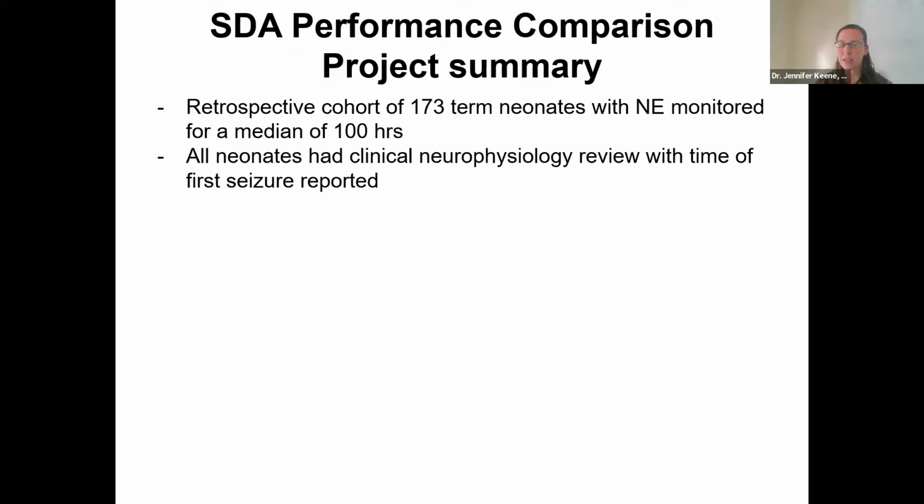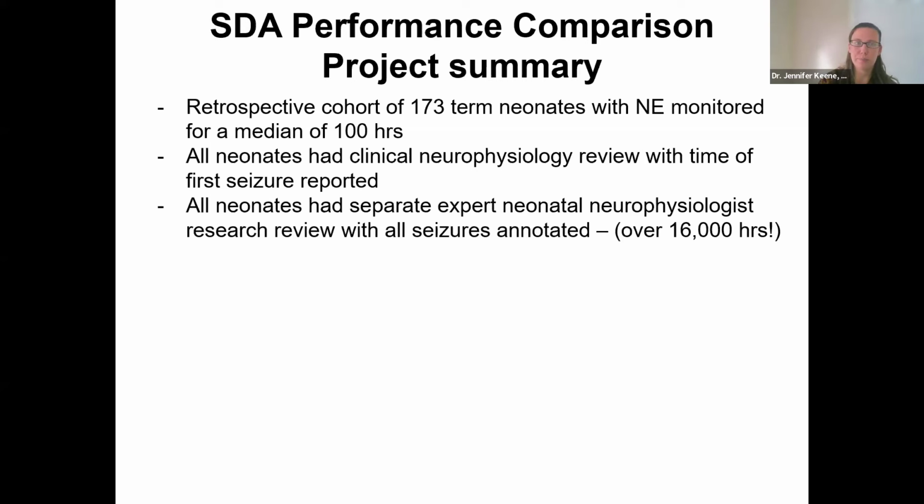They all had a clinical pediatric neurophysiologist review at the time, and first seizure was reported in the record. And then we did a separate expert neonatal neurophysiologist research review and annotated all of the seizures over 16,000 hours.